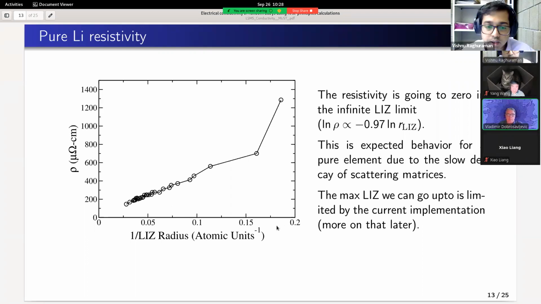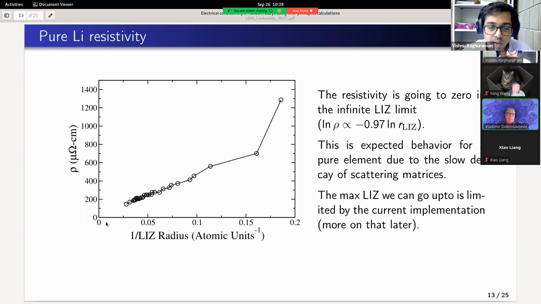So basically what we did is, at different LIZ radii, we plotted the resistivity, and we're looking at whether, as you go to infinite LIZ, you get the completely periodic pure element crystal, and it should be 0. And that's what we get.